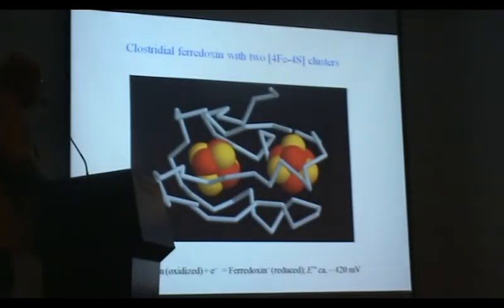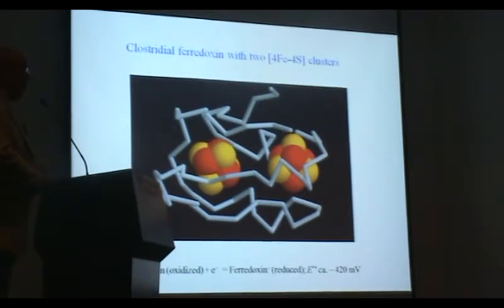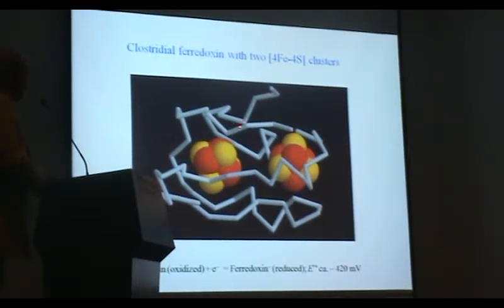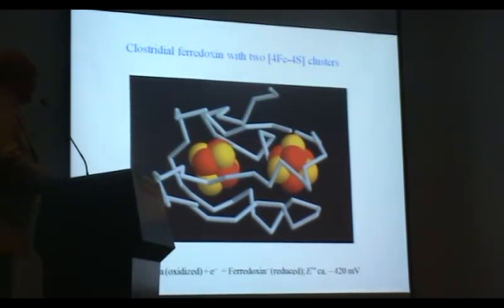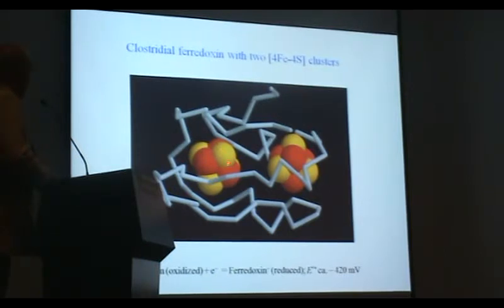Here you see one major component of the anaerobic oxidative chain, which is ferredoxin. Ferredoxin is a small protein with a molecular mass of about 6 kilodaltons, and it contains two iron-sulfur clusters. Red is iron, yellow is sulfur.